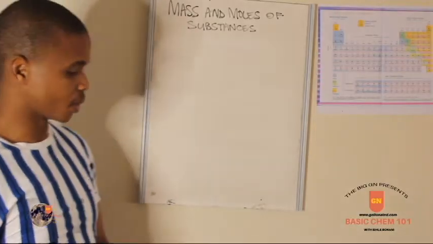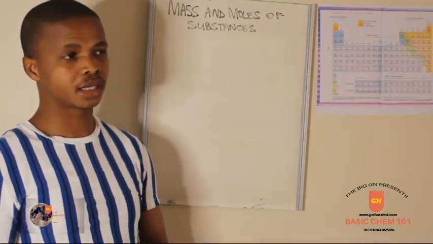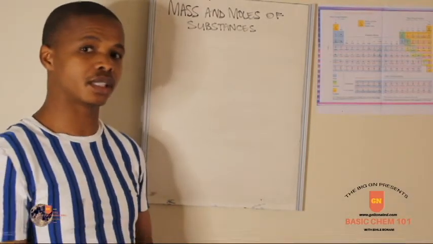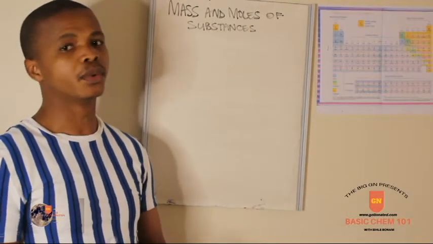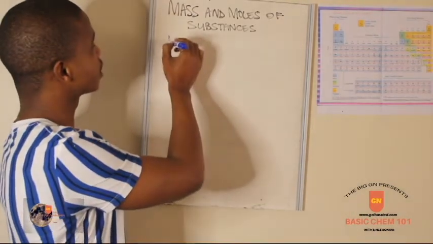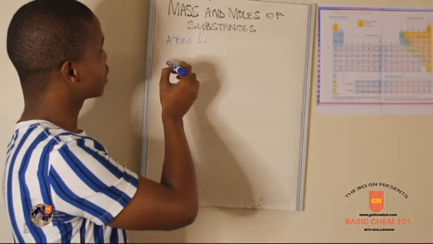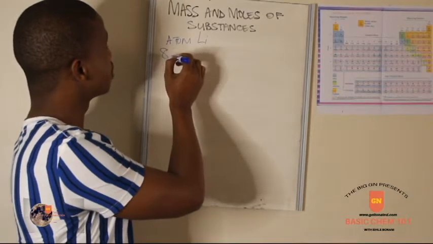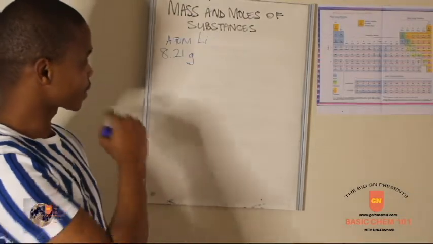You can also calculate the number of atoms or molecules or ions or formula units from a given mass. Now that we know these things, an example: they would say calculate the number of atoms, let's say of lithium, then they give us a mass of lithium, which would be 8.21 grams of lithium.